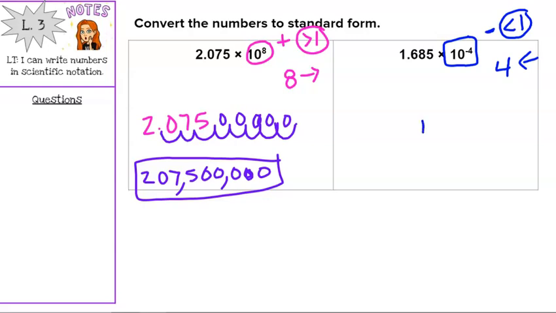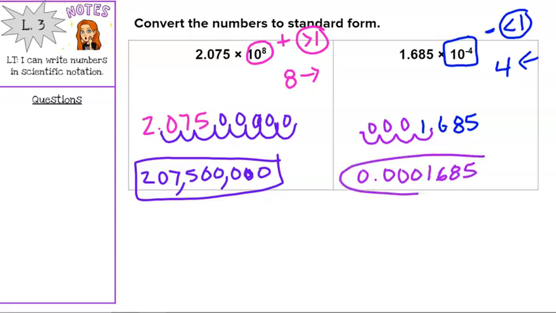So I'm going to write 1.685, and then move that decimal point 1, 2, 3, 4 places to the left, and then fill in those empty gaps with a 0. I'm going to rewrite that so it doesn't have all that extra stuff. And there is my number in standard form.